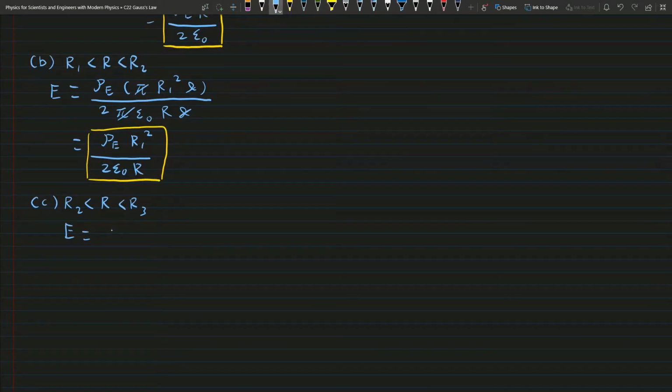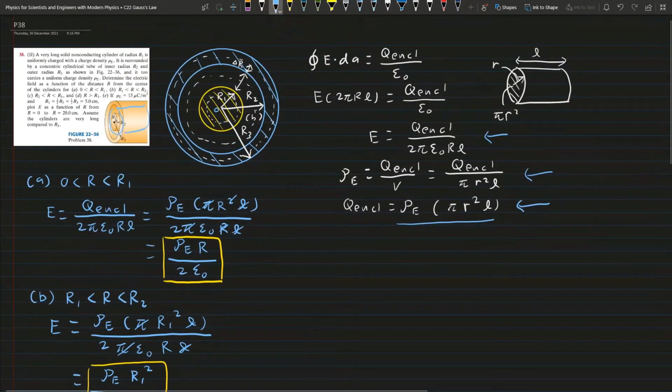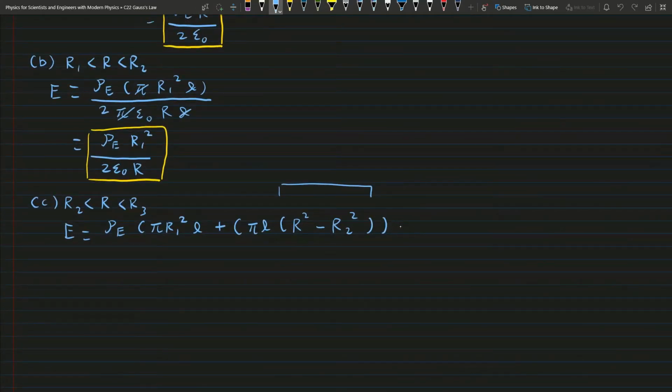Now our E will equal rho E times pi R1 squared L, which is for the internal cylinder, plus pi L times R squared minus R2 squared, which is due to this delta R, over 2 pi epsilon naught RL.